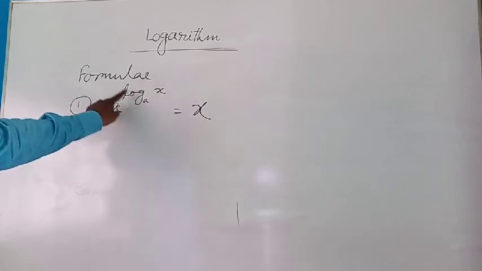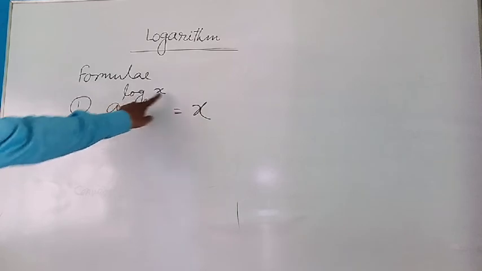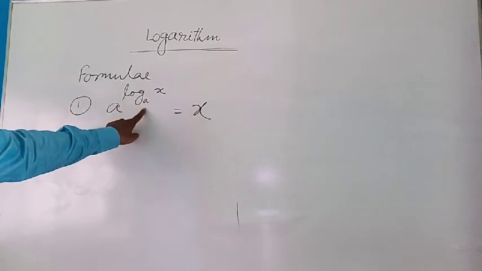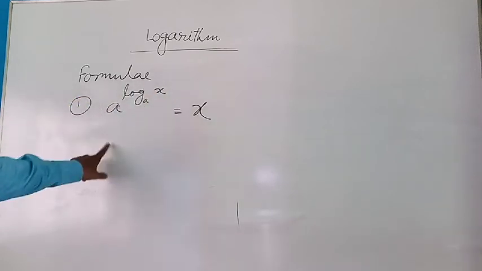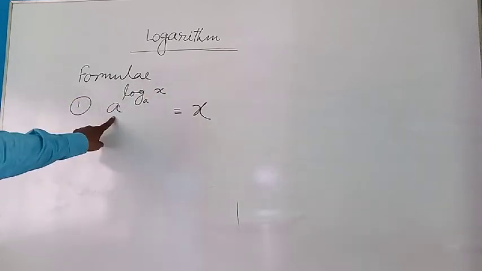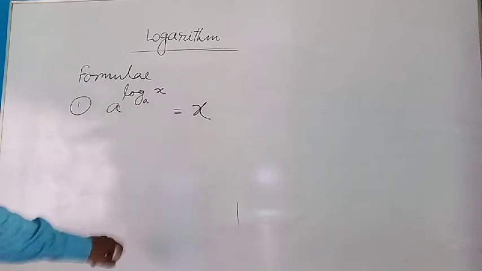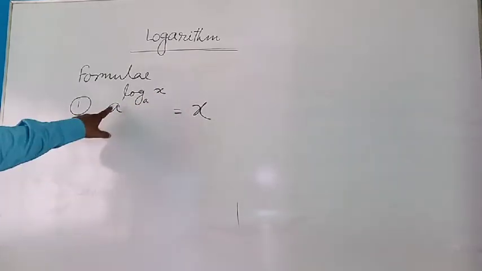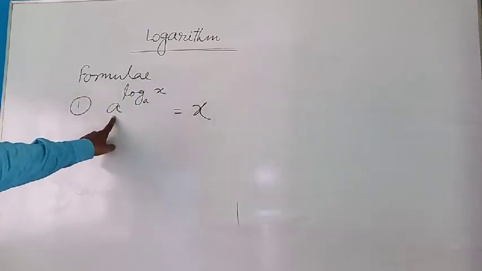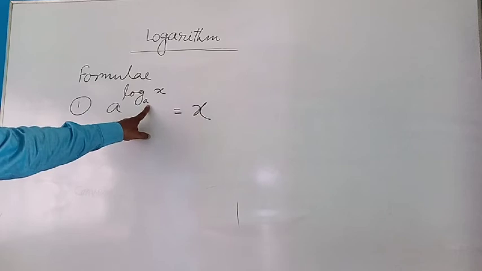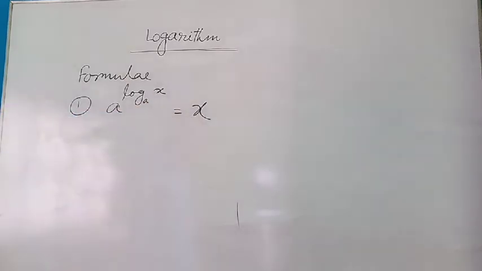Okay, it should be log x base a or log x to the base a. We can read like this. So the entire expression we have to read like this: a to the power log x to the base a. Answer will be what? x. Now you have to see, if the base of the entire expression and the base of the logarithm are the same, then this part will vanish. This will be the answer.